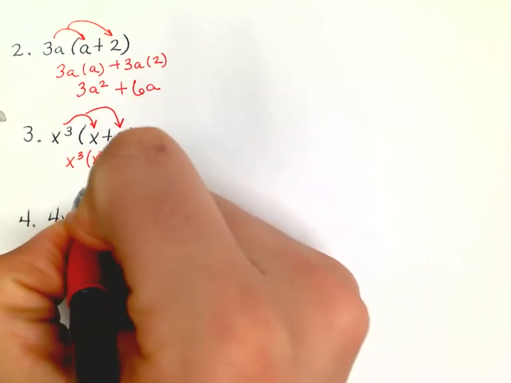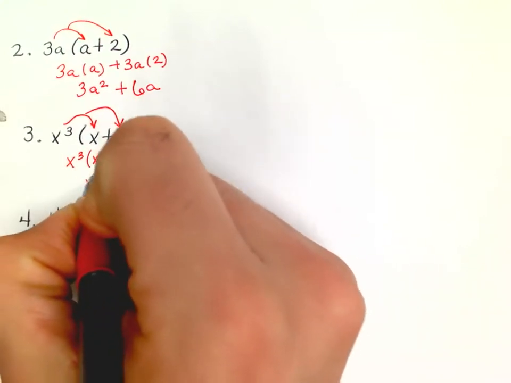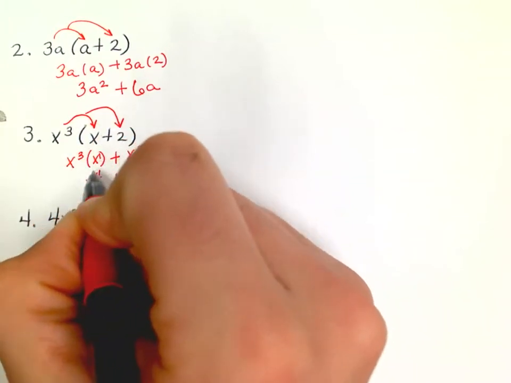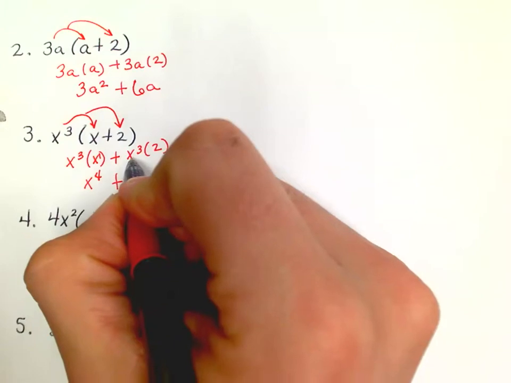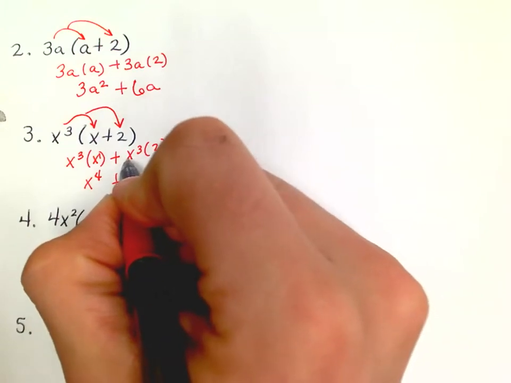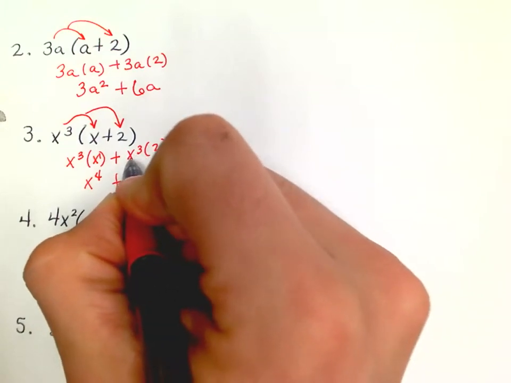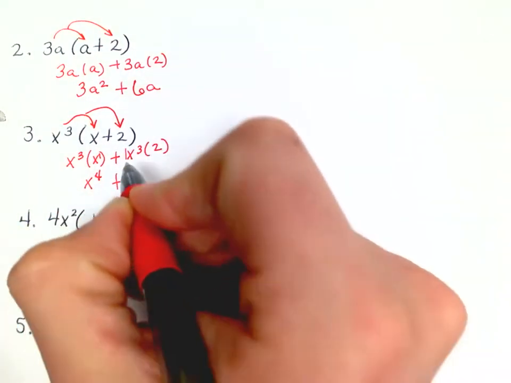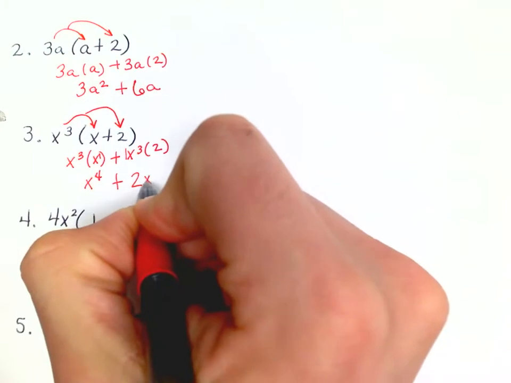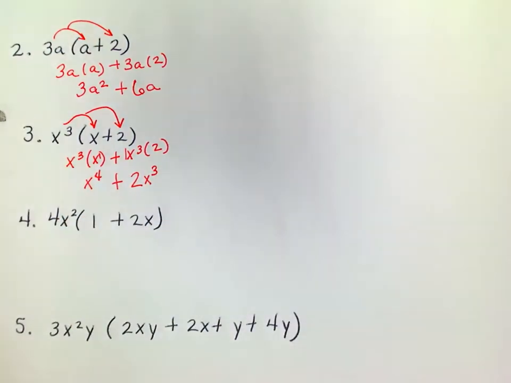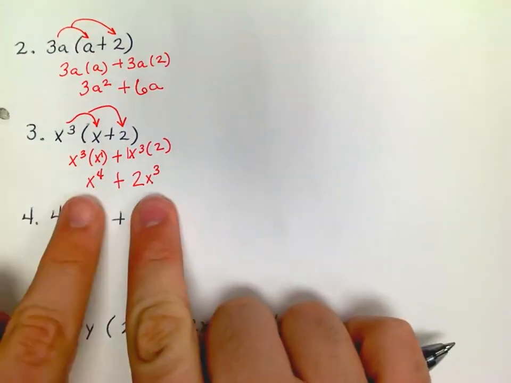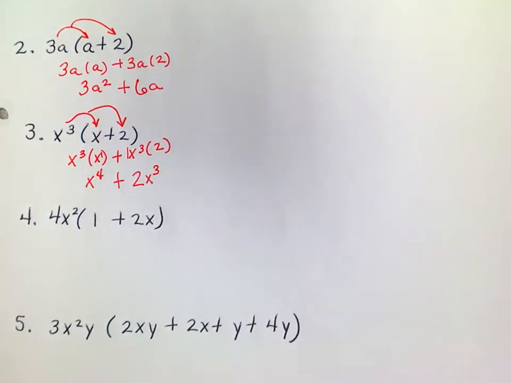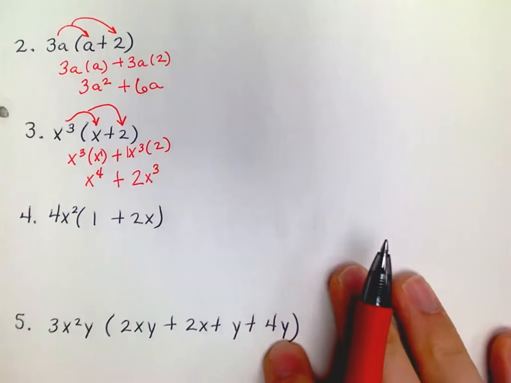We're just going to be able to add these exponents together to have x to the fourth, because we said 3 plus 1 to get 4, plus the multiplication of x cubed times 2. There's a 1 right there, so 1 times 2 is 2. Bring the x cubed down. We cannot combine those because we have the operation of addition. That is the simplified term.